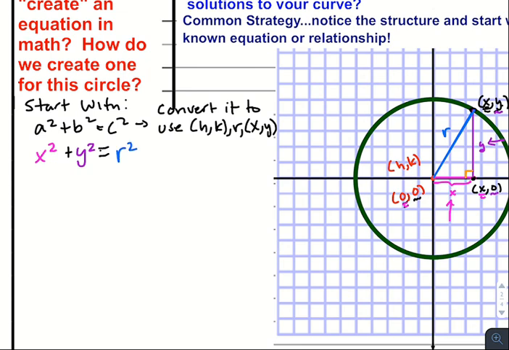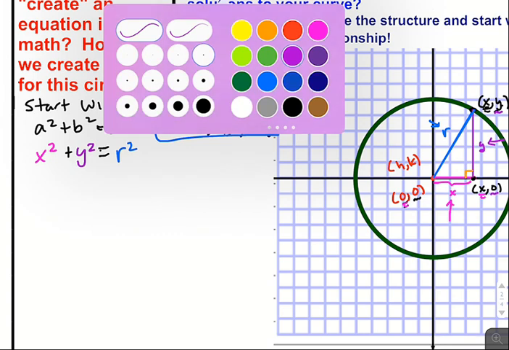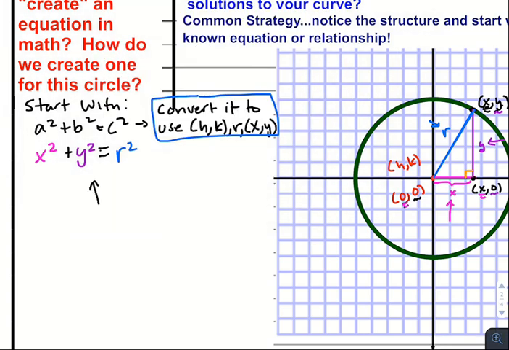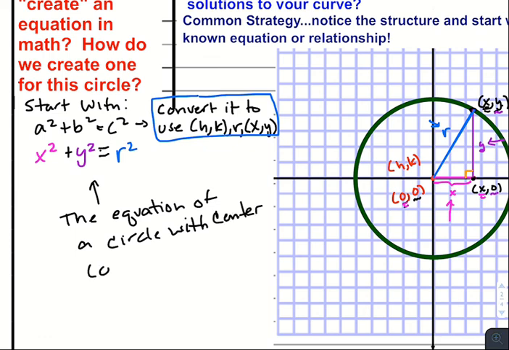Okay, and so I said our goal was to take a known equation and convert it so we're using the center h, k, the radius r, and x and y, and we've accomplished that, which means what we have here is actually the circle equation. So this is the equation of a circle with the center 0, 0, and radius r.